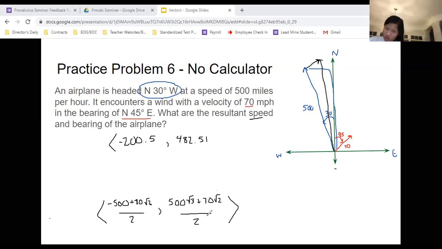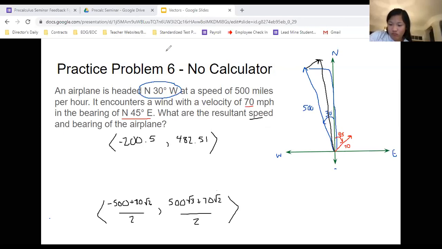Oh wait, actually, hold on, that might not be right. I think I made that negative. Let me double check that. Nope, okay, 482. Perfect.